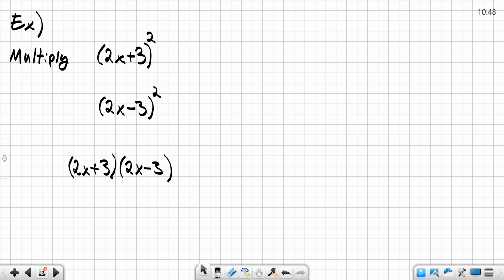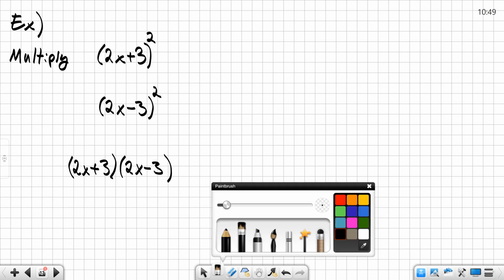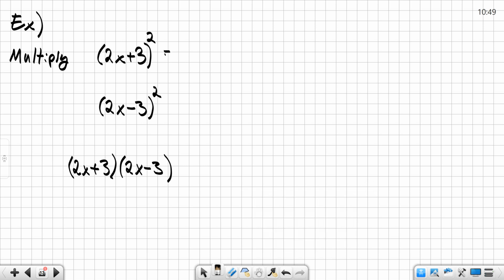All right, let's do one row of examples that demonstrates all three of these formulas. So (2x + 3) squared. It goes much faster if I just use my formula that says, what is the first term? That is 2x. The second term is plus 3.